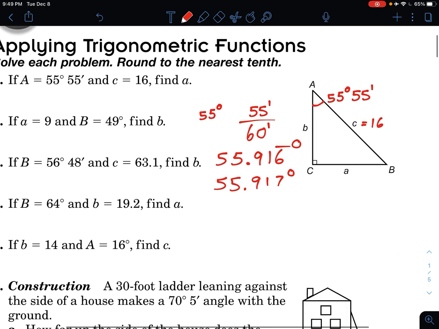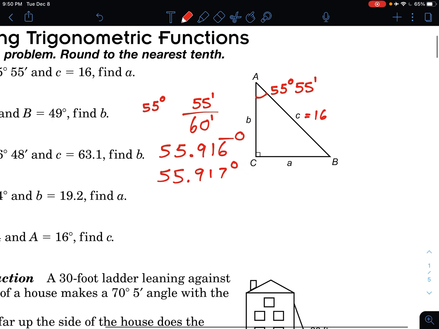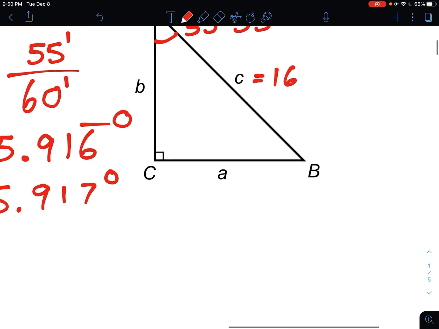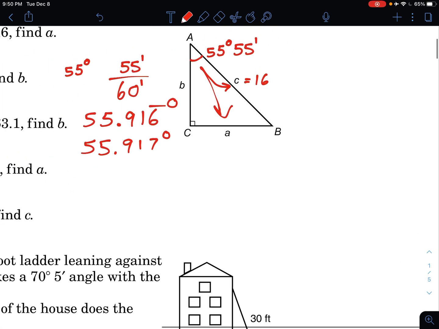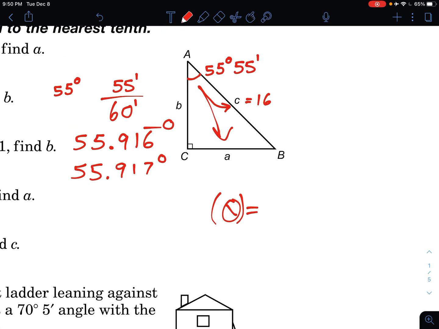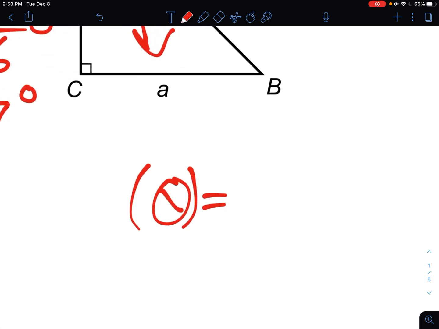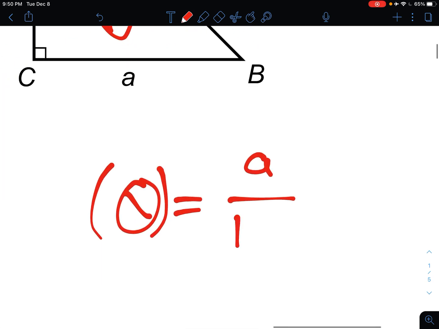So we found the angle. We know the hypotenuse is 16. And since A is the opposite, and we have the hypotenuse, which function is going to represent the ratio of the opposite A over the hypotenuse 16?